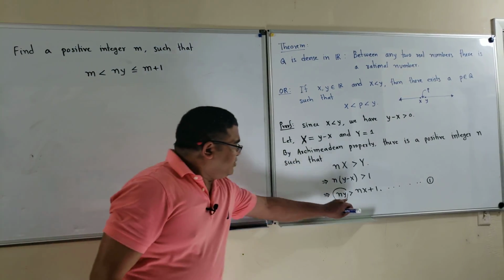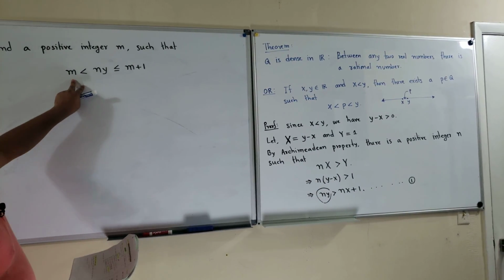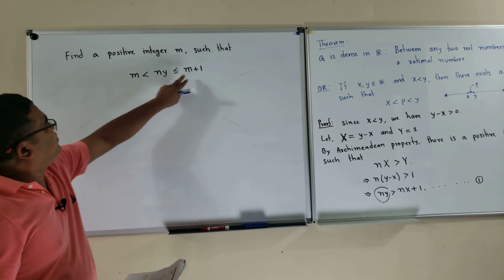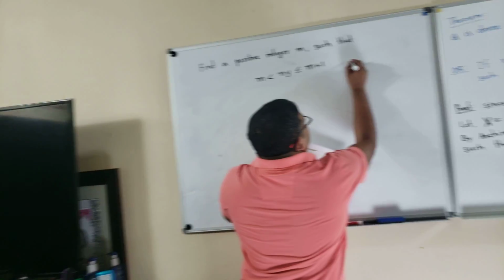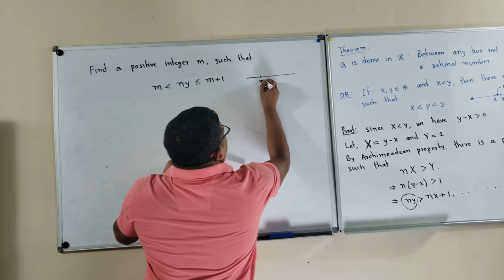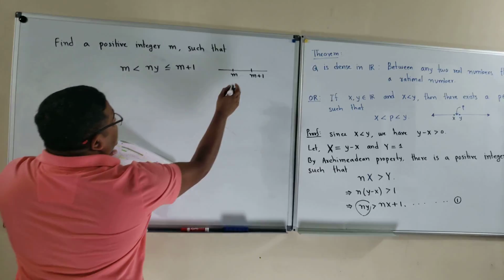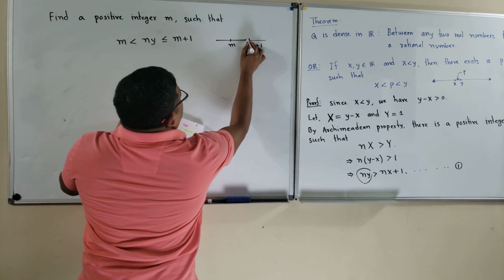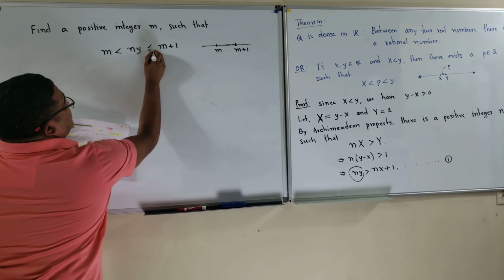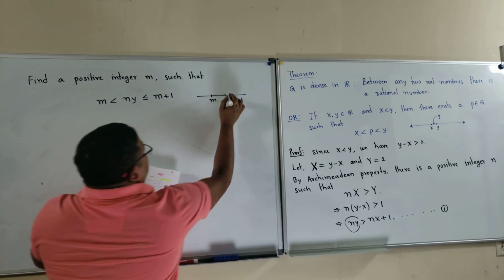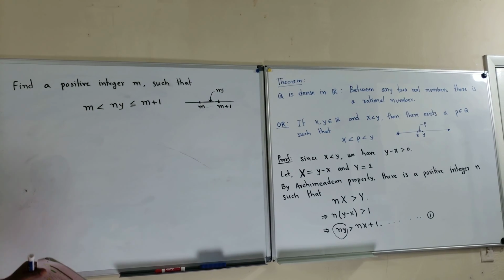So ny is a number, and ny should be between the integers m and m plus 1. If this is m, this is m plus 1, ny should be anywhere between these two, or even it can be equal to m. That's why I use the equal sign.